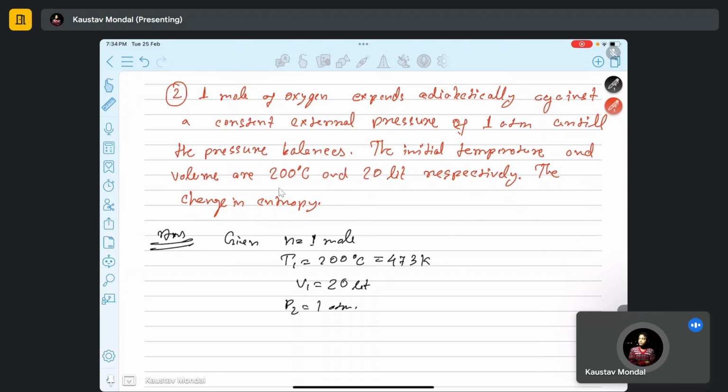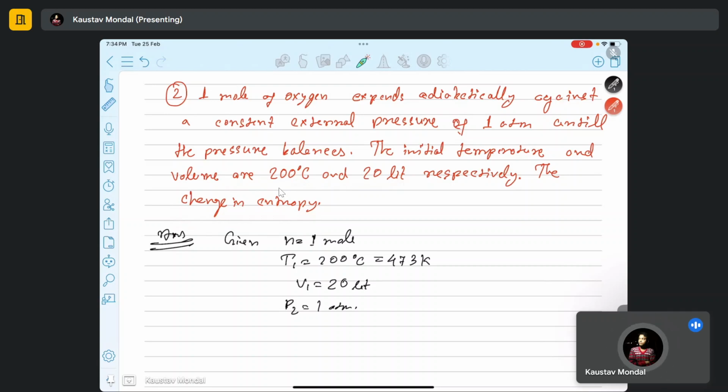Under a constant external pressure of 1 atm, the gas expands, and the initial temperature and volume are given. I have to calculate the change in entropy. So this is the given problem.